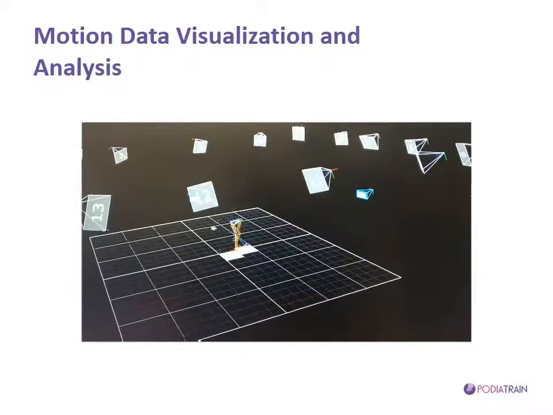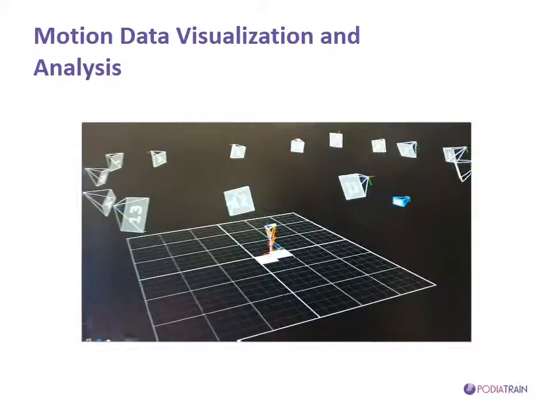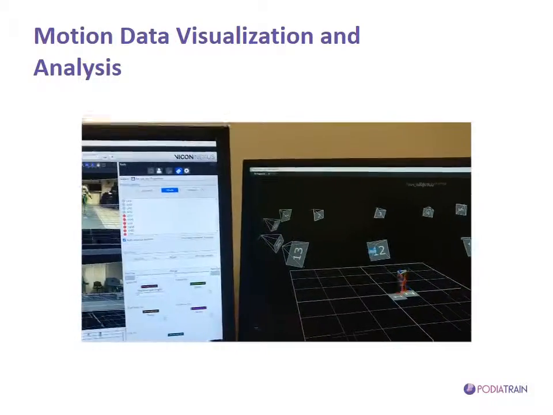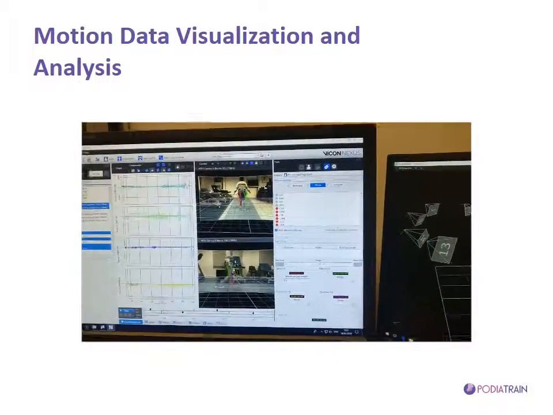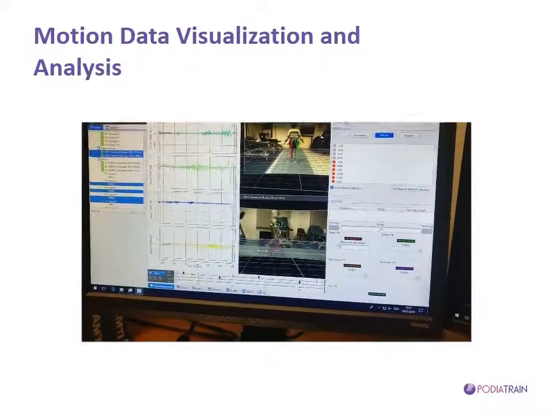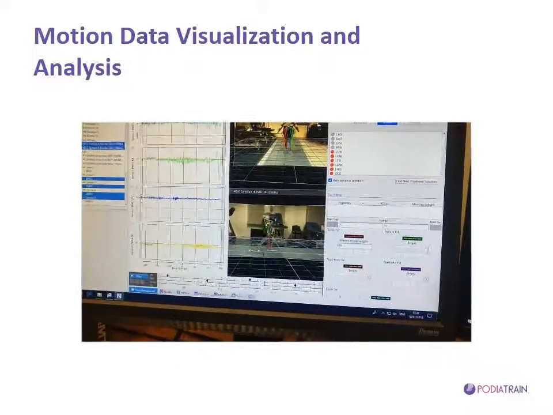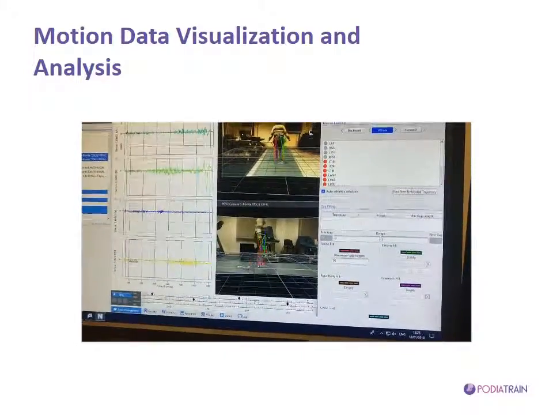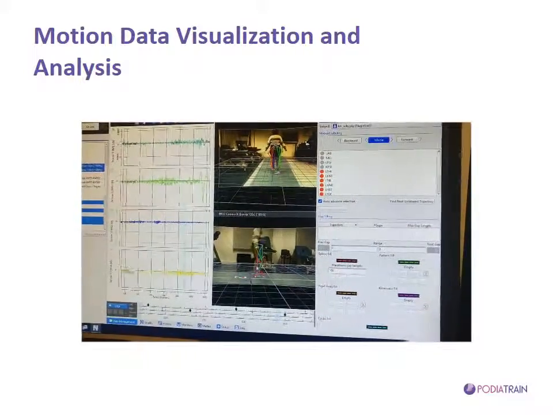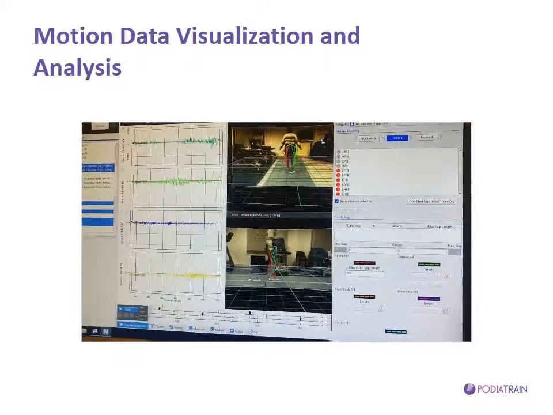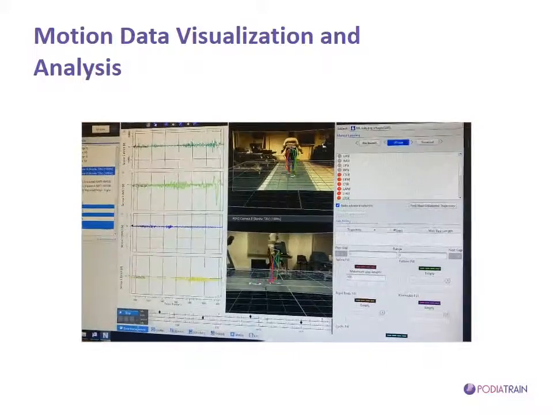If we move on to the other screen, we can see the visual image of the patient walking. We can look at an overlay of a 3D representation of the floor and the model onto the patient's video.